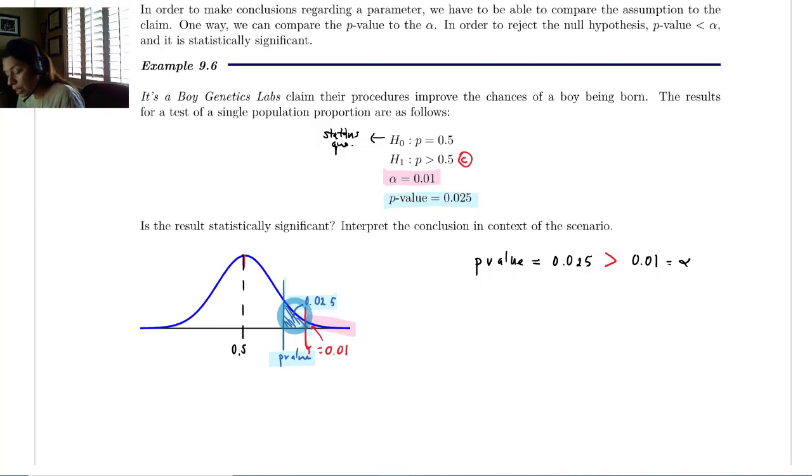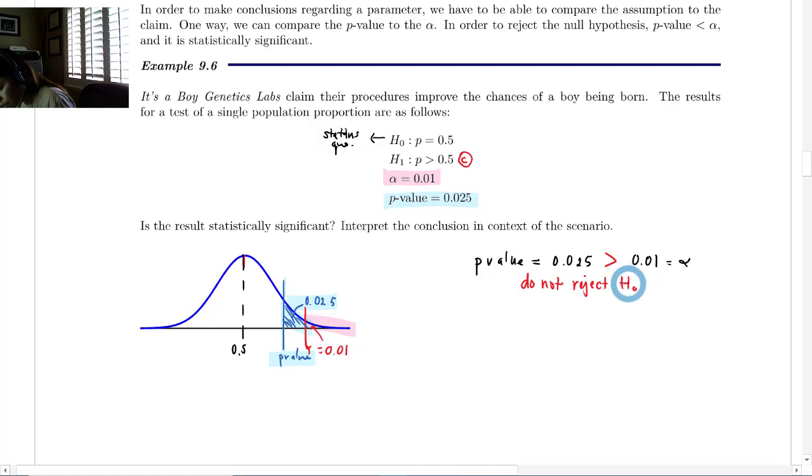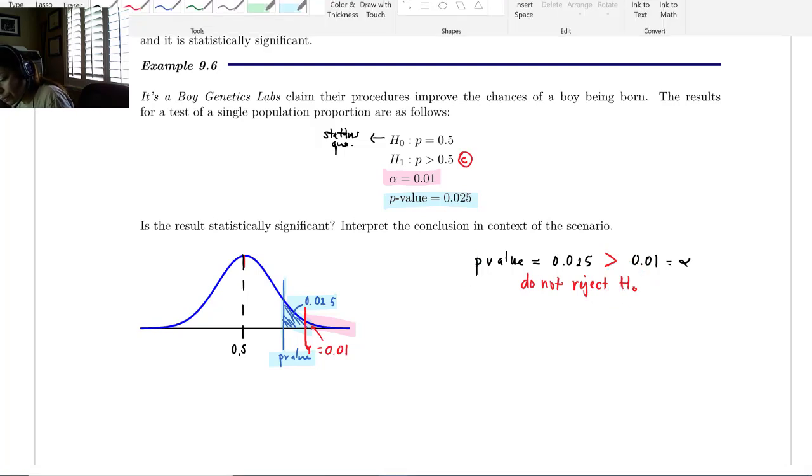So therefore, we do not reject the null. Okay, so that's the first part that we would do.